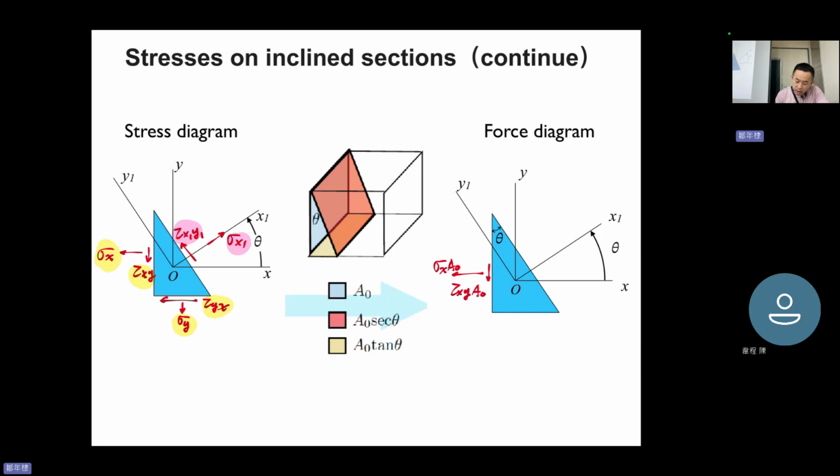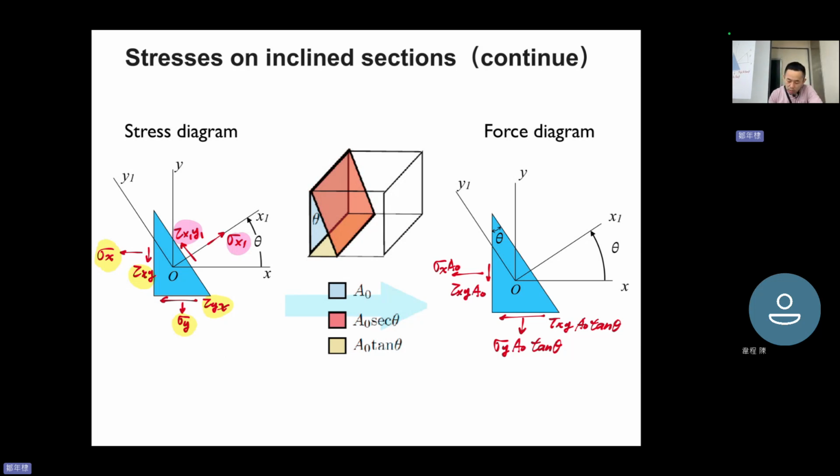So here is tau xy A norm tangent theta, and here is sigma y A norm tangent theta. All right. Then here is A norm times secant theta. So you can get the oblique surface.